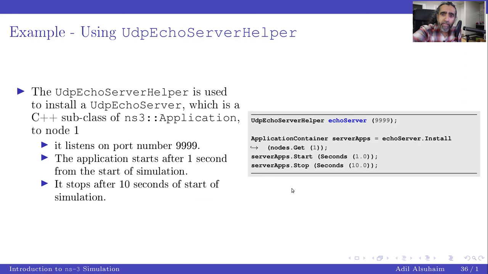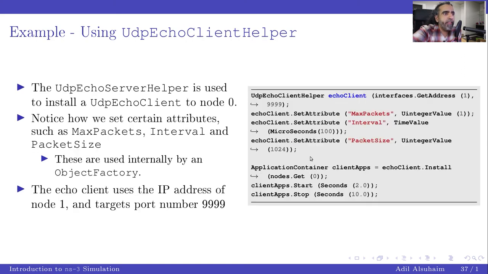And guess what happens next? We need to install the client in node 0. And that's what I do right here. UDP echo client helper, echo client. The target IP is interfaces dot get address of node 1. Okay? Why? Because the server is in node 1, right? And I'm going to set the attributes of this client, UDP echo client, max packets. I only want to send one packet, max. So only send one packet.